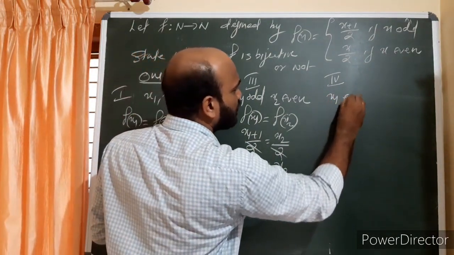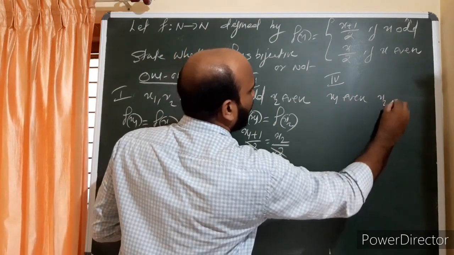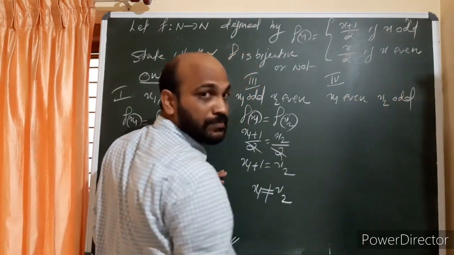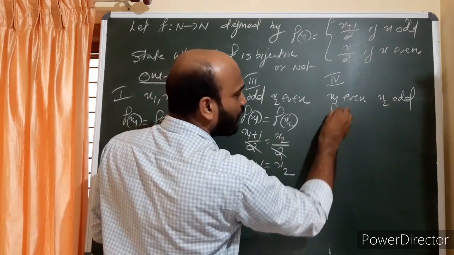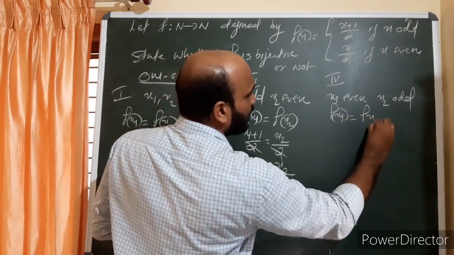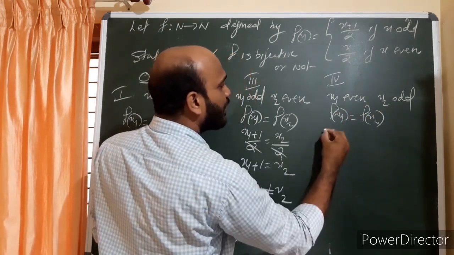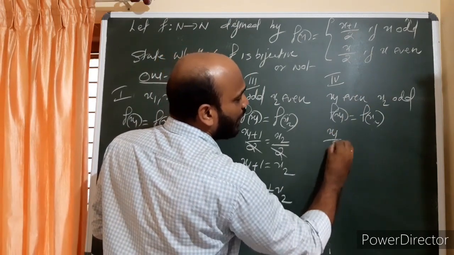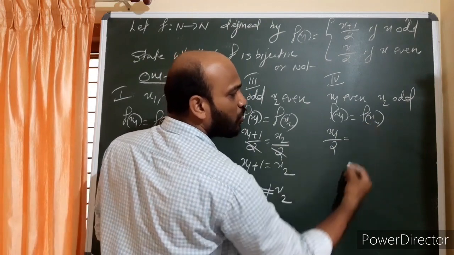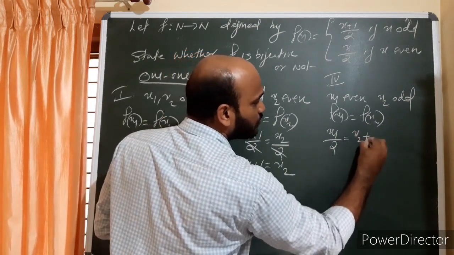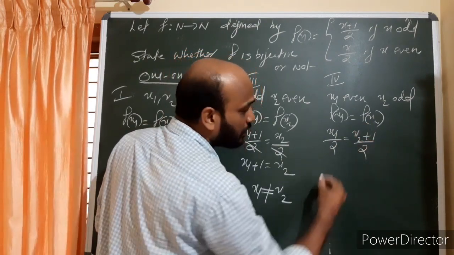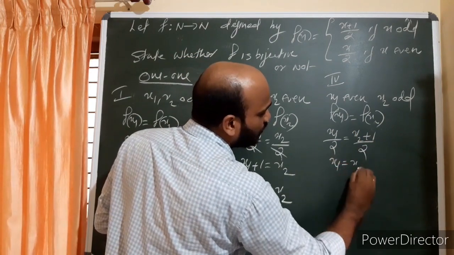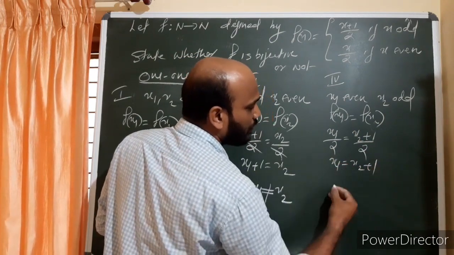So x1 even, x2 odd, such that f of x1 equal to f of x2. So f of x1 will be x1 by 2, and x2 odd, so f of x2 will be x2 plus 1 by 2. That means we will get x1 equal to x2 plus 1.